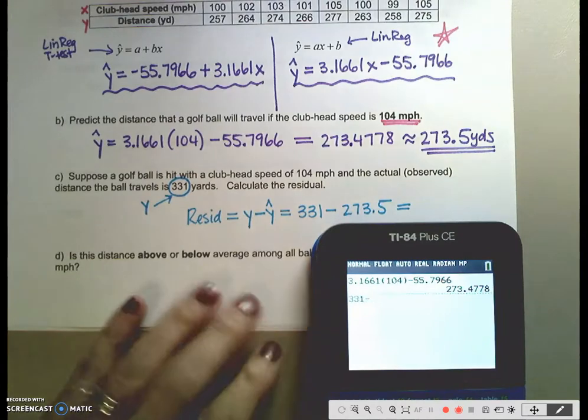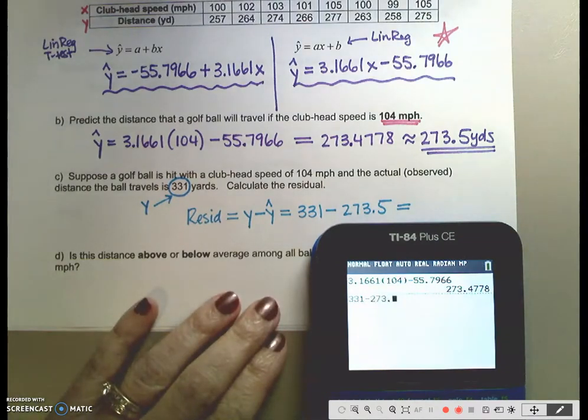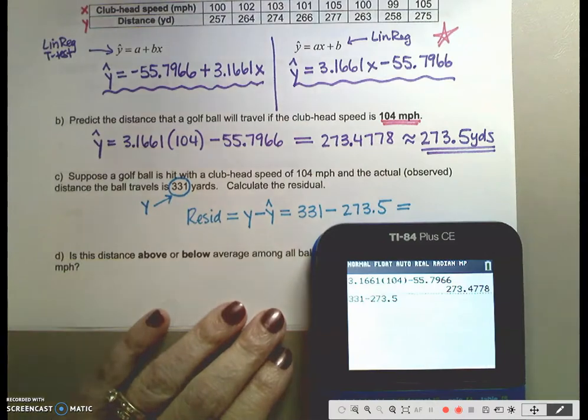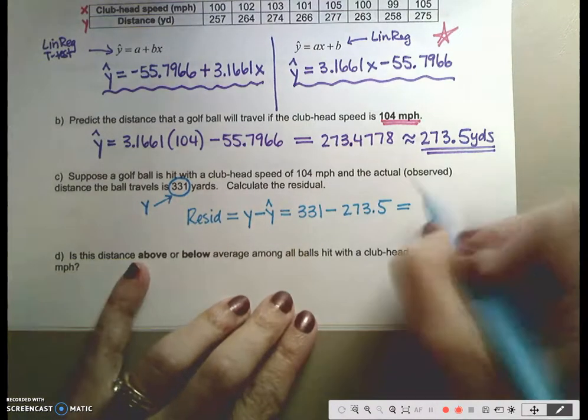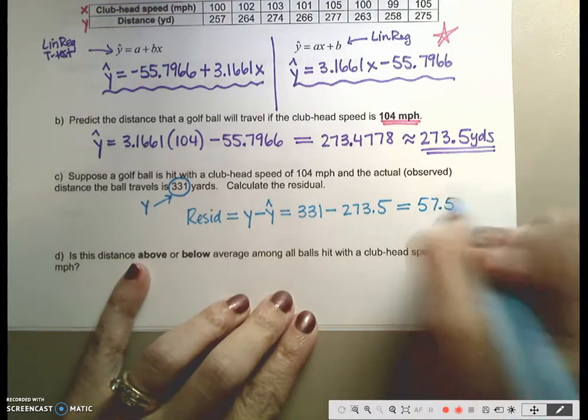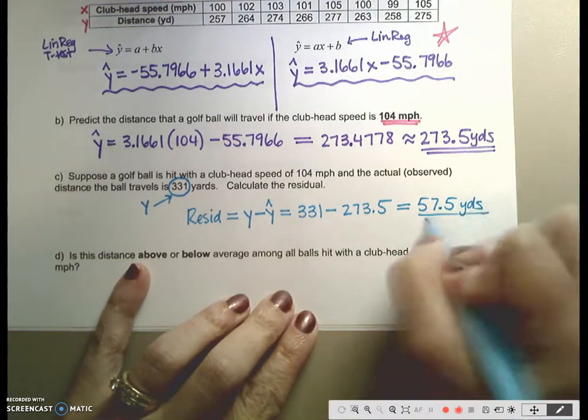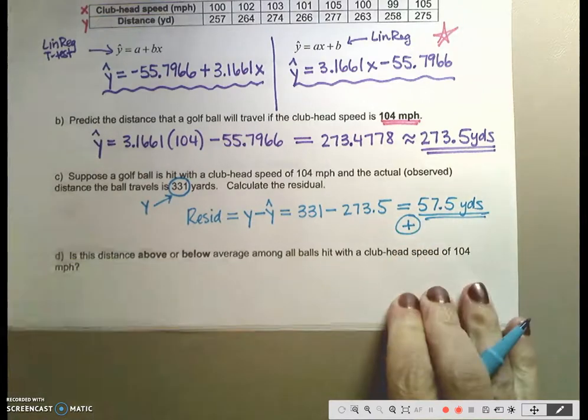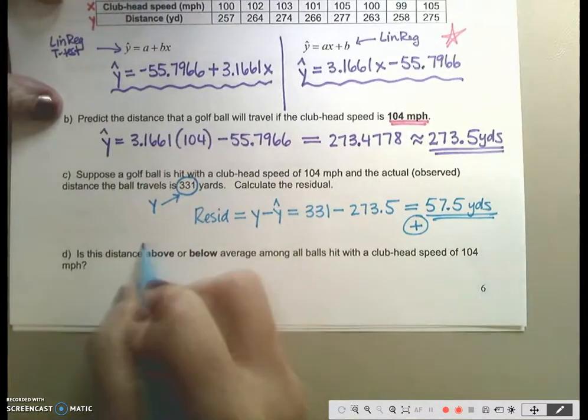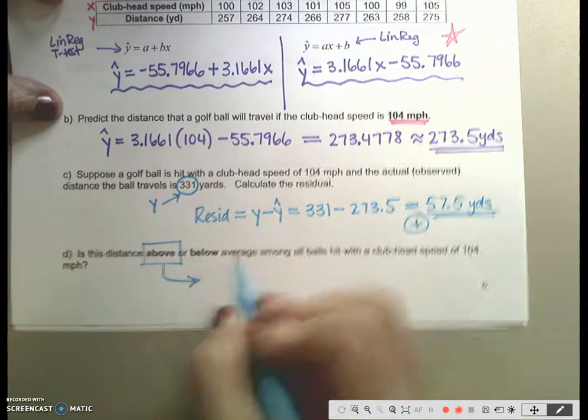331 minus 273.5 is 57.5. It went 57.5 yards farther than we thought, and that's a positive number, and so that distance is above average.